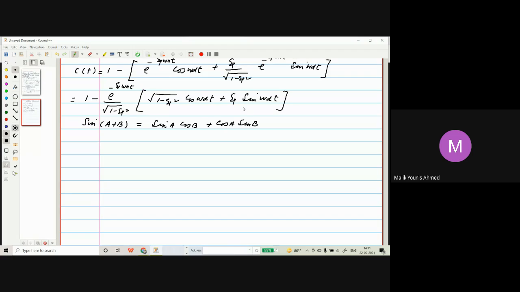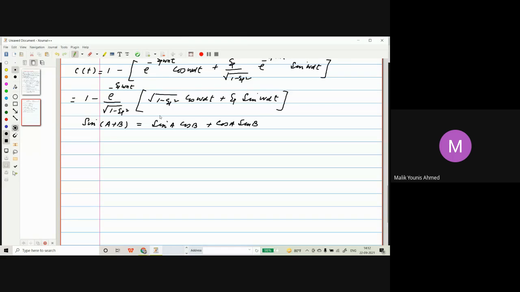Sine A plus B is sine A cos B plus cos A sine B. Yes, I think this is the correct formula. Let me put it in this formula.